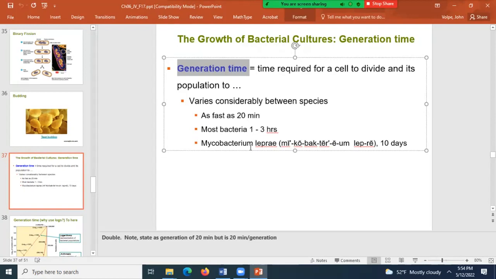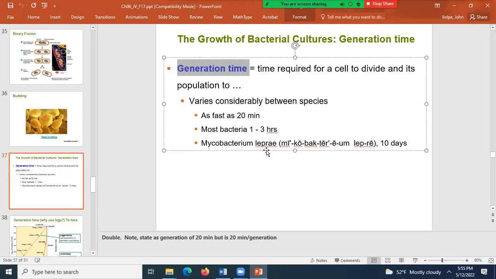But Mycobacterium leprae is extremely slow. It takes 10 days for one cell to divide into two, or for the population of M. leprae to grow or to double in size.